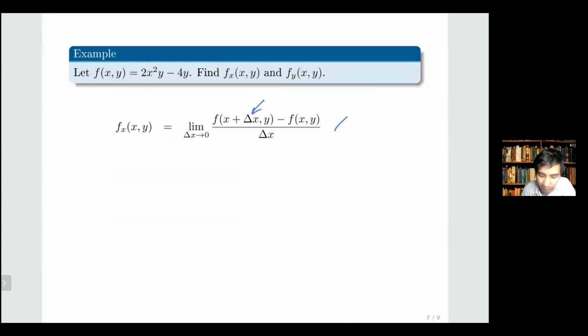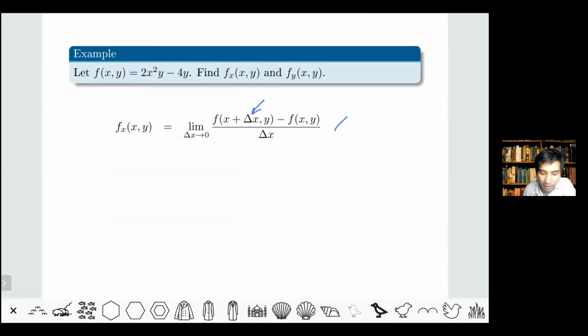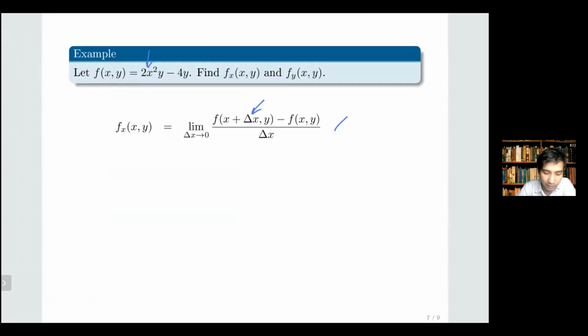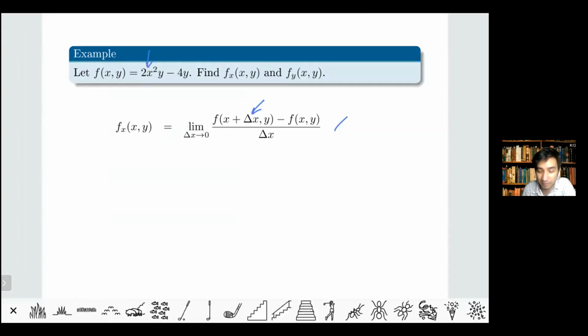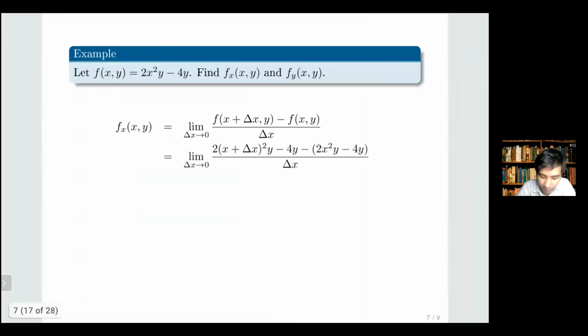So to get f of x plus delta x comma y, papalitan lang natin lahat ng x dito sa expression natin ng f of xy by x plus delta x. So ito yung lalabas na: 2 times x plus delta x squared times y minus 4y. And then f of xy, ganyan pa rin yung tsura niya.